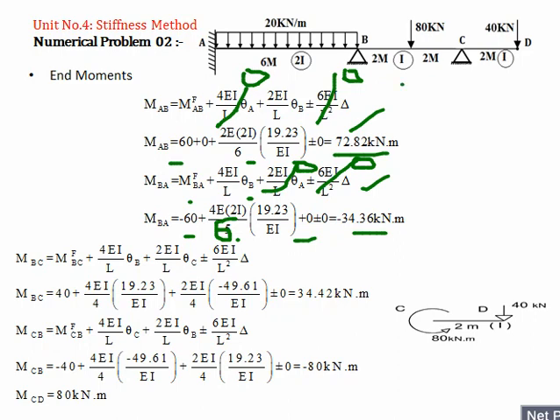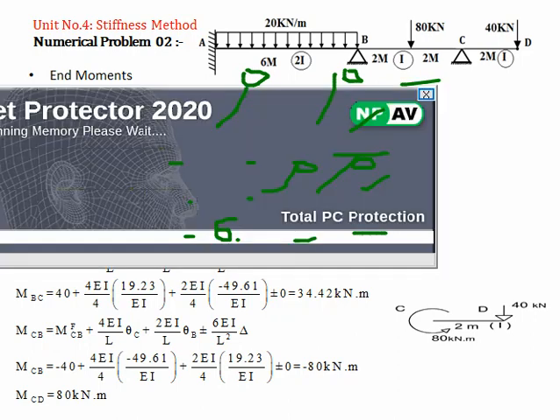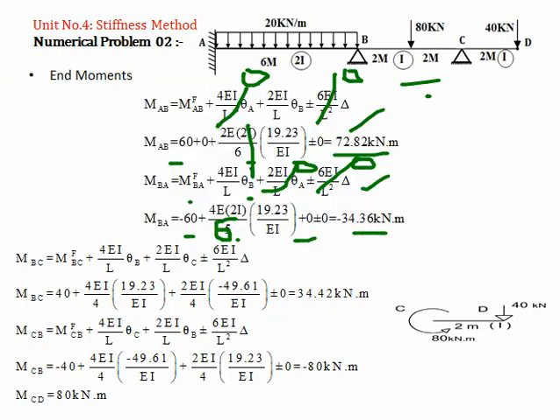Now let's calculate the end moment for span BC. For span BC, MBC is equal to MFBC plus 4 EI by L into theta B plus 2 EI by L into theta C plus minus 6 EI by L square into delta. Now at B and C, theta B and theta C are the unknowns.